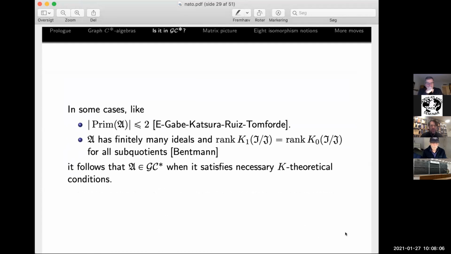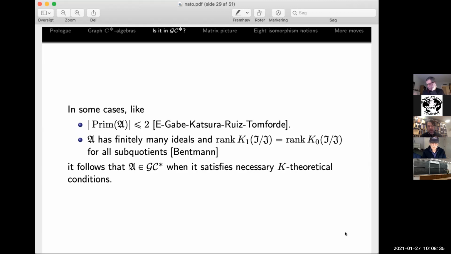So in some cases, we know how to do what you might call an external classification result. This should remind you of what we talked about when I compared the invariance for the inductive limits with the invariance for the stable or the Thoms-Winter type of simple C-star algebras.